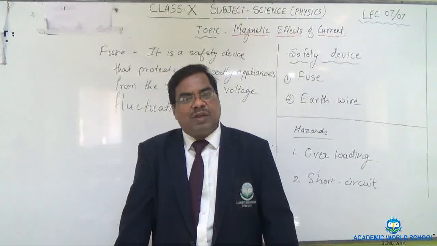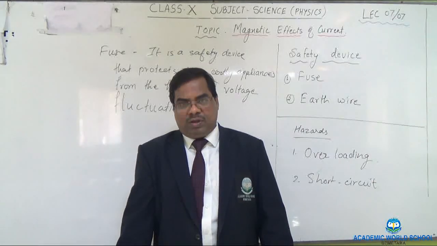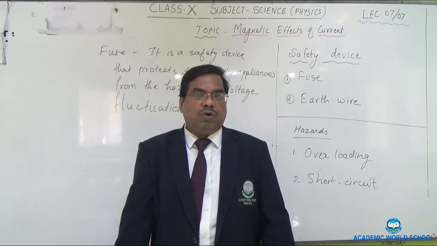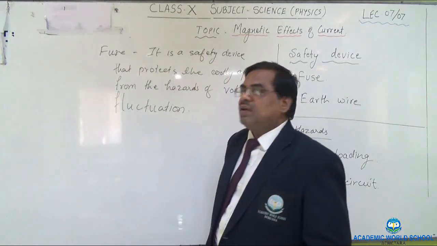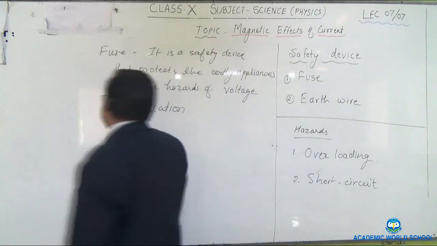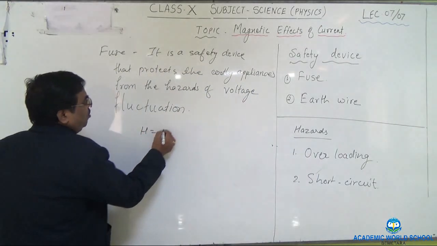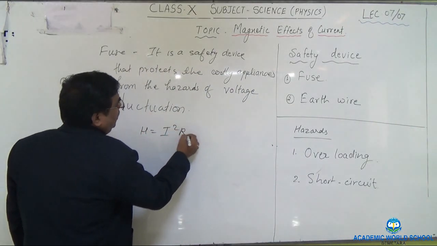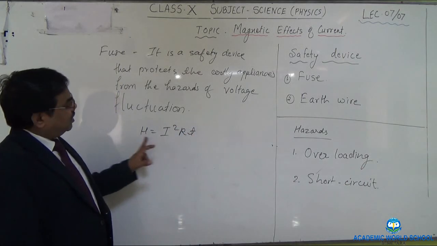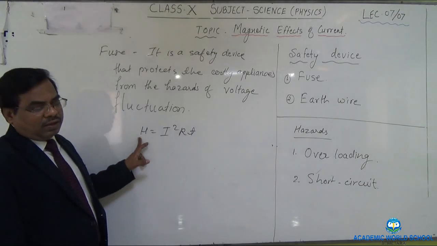You have many costly appliances in your home, such as television, air conditioner, etc. If there is a sudden increase in the current, you know the heat produced is always I square R T. So if the current increases, the heat will also increase.